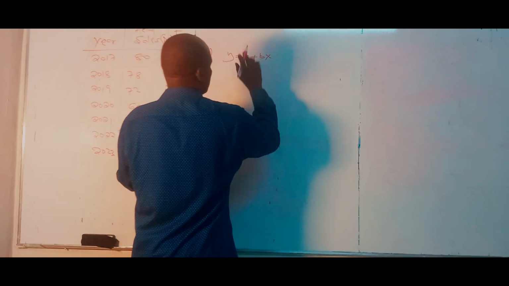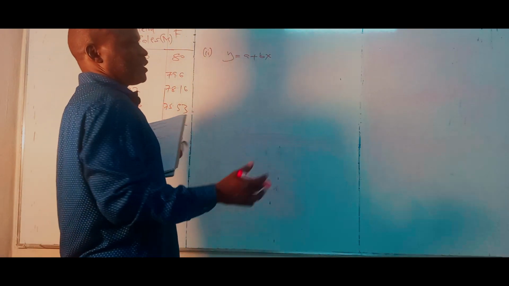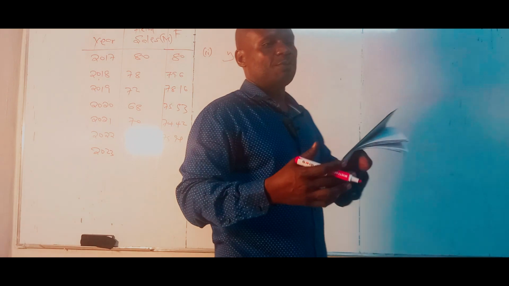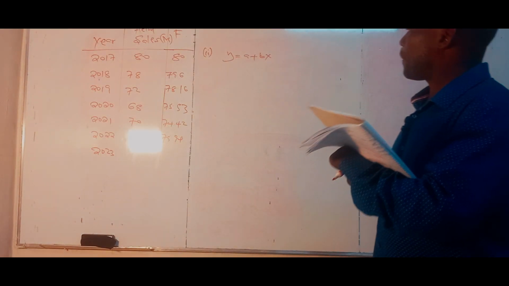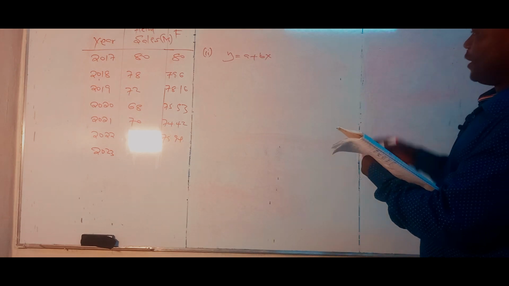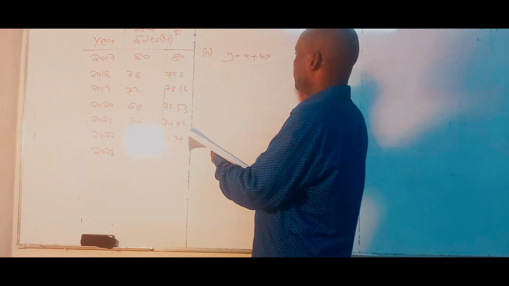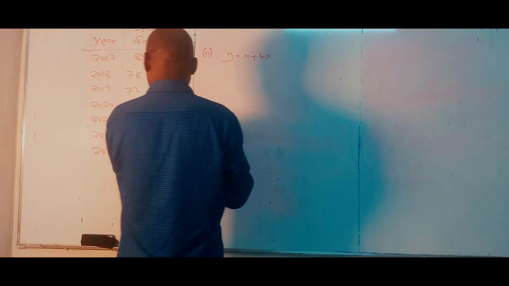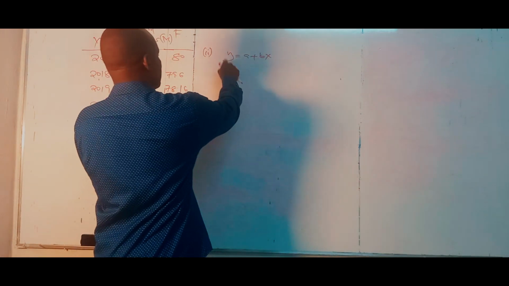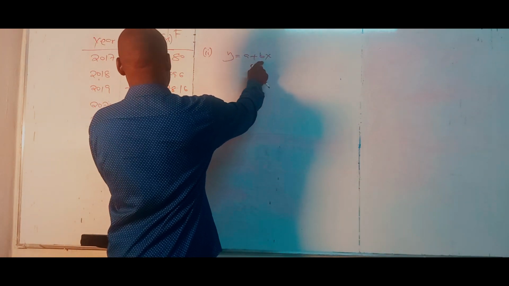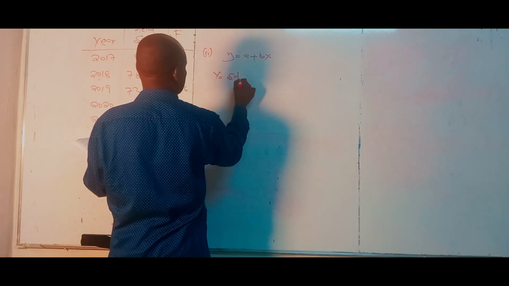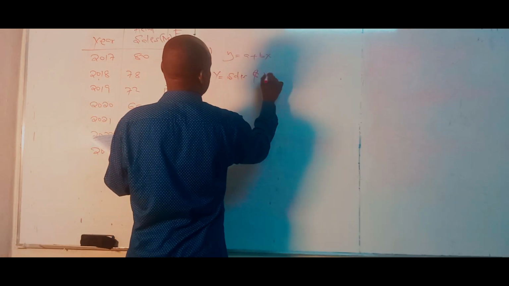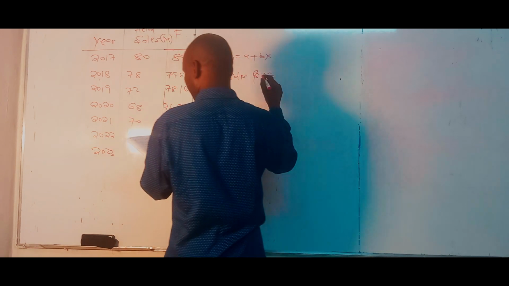In any case, if you rearrange it, it still has the same meaning because it's a direct relationship of two variables which fall on a straight line. Where y is sales and x is time.